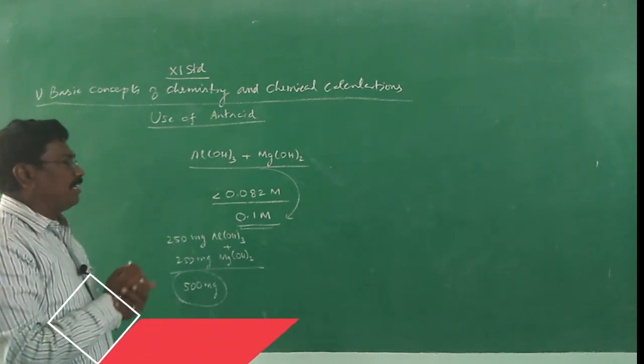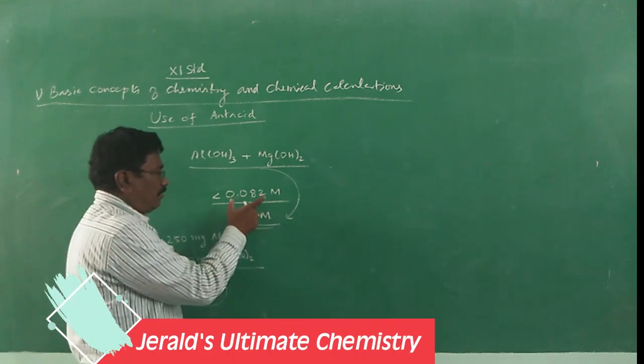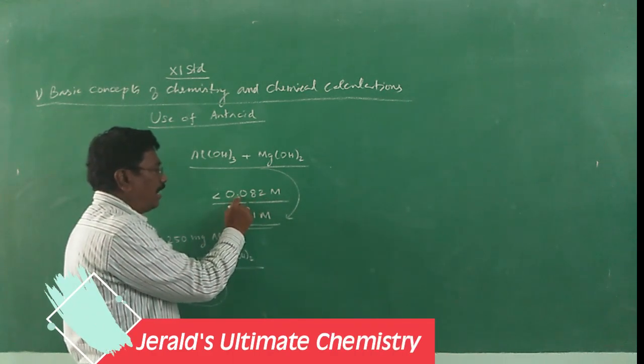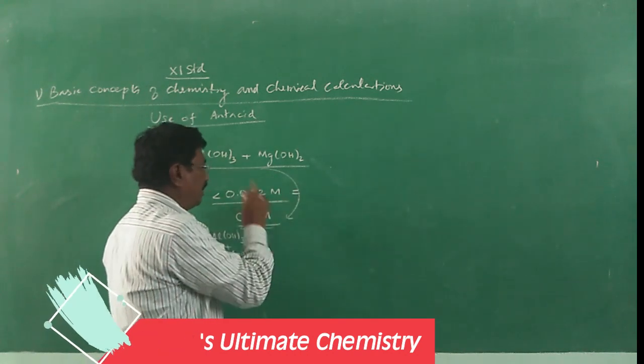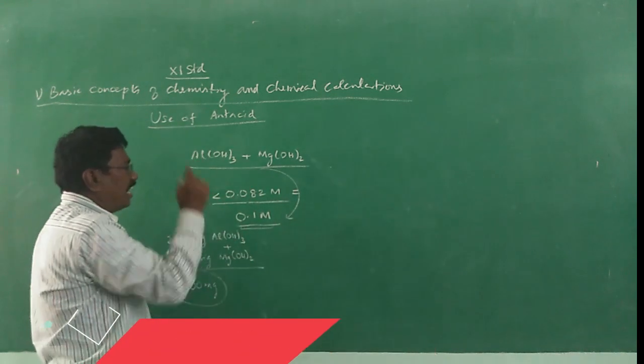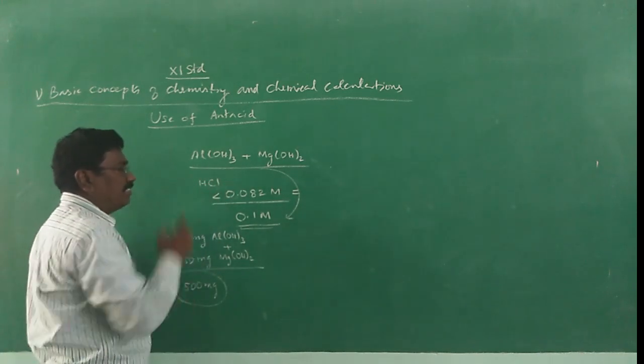Let us calculate pH also here. For the usual concentration of 0.082 molar, what will be the pH value? Hydrogen ion concentration: usually the gastric acid contains hydrochloric acid, so a strong acid.